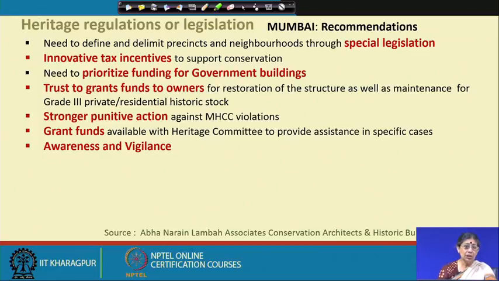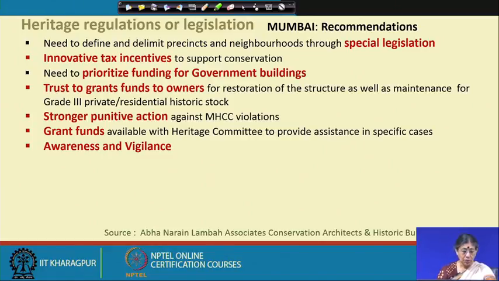But most important is awareness and vigilance. The number of heritage structures is quite huge, so one has to be very aware and vigilant, not only at the public servant level but also among local people, making them aware of what the provisions are, what is possible and what is not allowed.